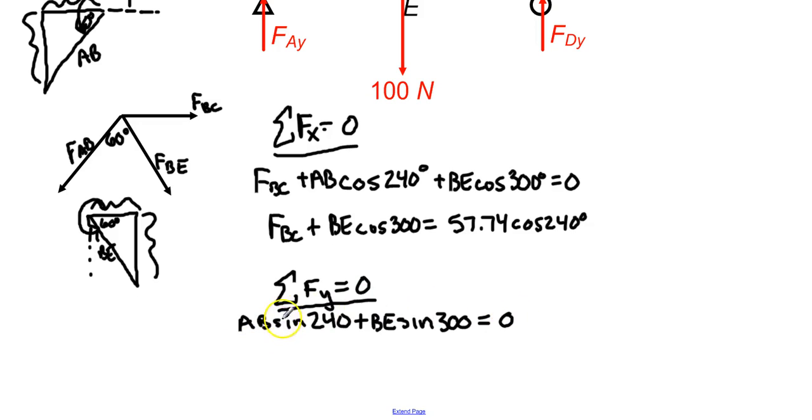Well, we know what AB is. We can move that over. So BE times the sine of 300 is going to equal negative 57 sine of 240 becomes positive 57 if we move it over 0.74 times the sine of 240.